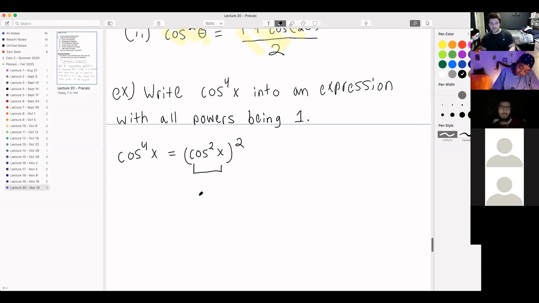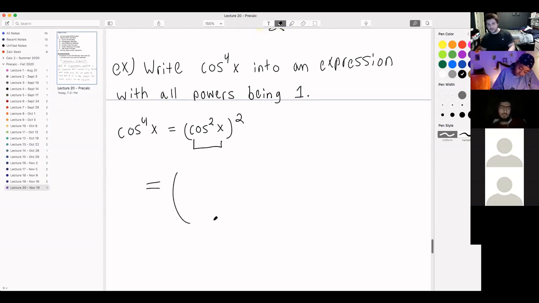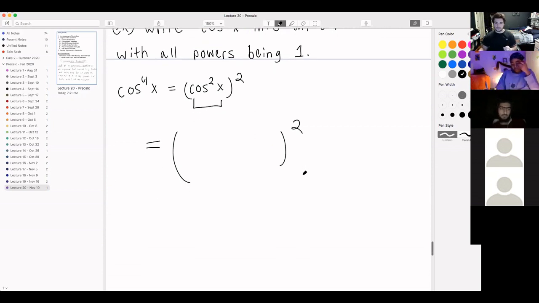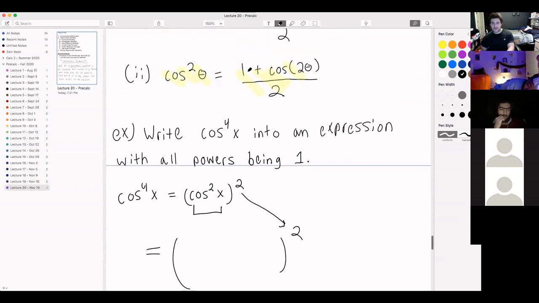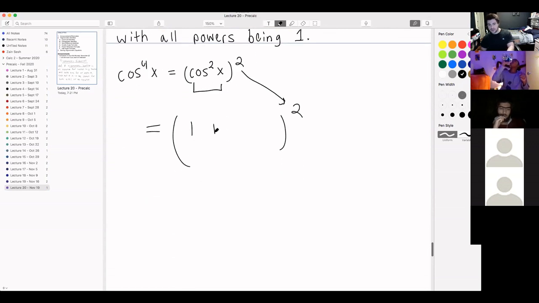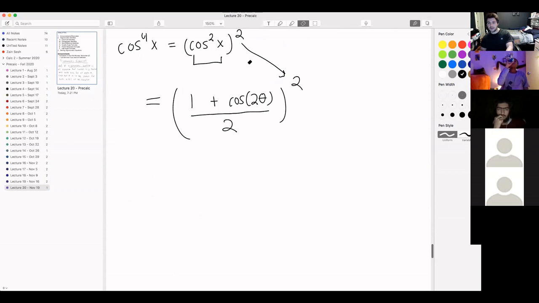So this is equal to, here's the power of 2, that just stays, but I replace the parentheses with its equivalent expression: 1 plus cosine of 2 theta over 2. This is 1 plus cosine of 2 theta over 2, okay?